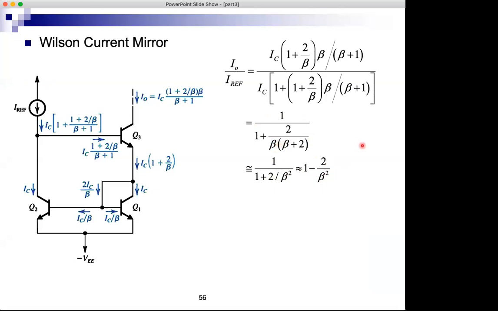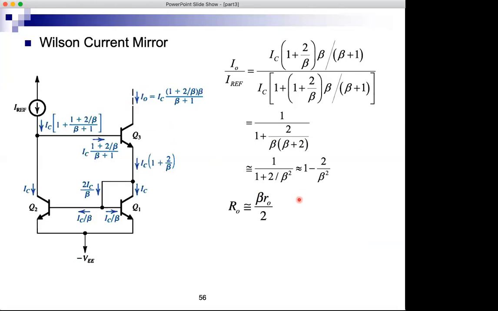So that's good. And the other interesting result from this circuit is the output resistance. The output resistance here can be shown to be beta over 2 times the small RO. It was in the simple current source just RO. Now it's beta over 2 times bigger. And beta is large. So this is 20, 30, 50, 100 times bigger.